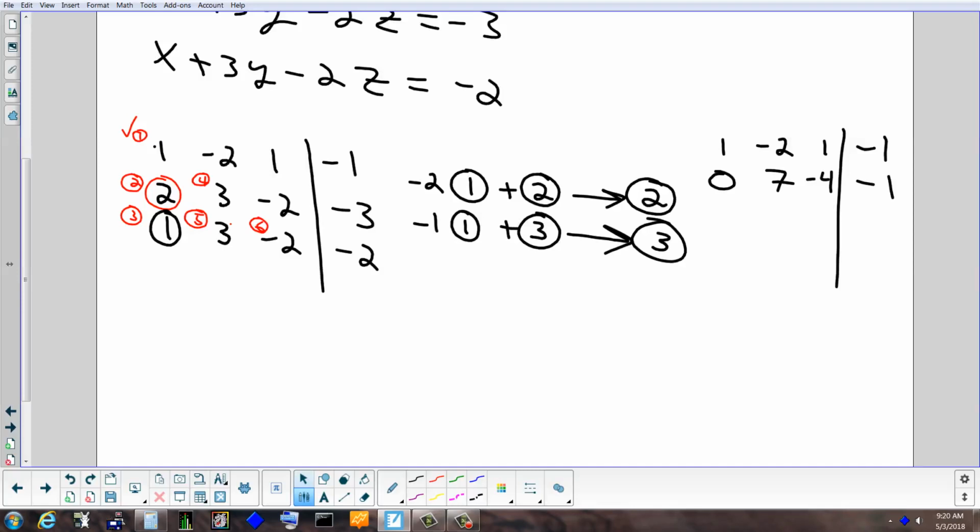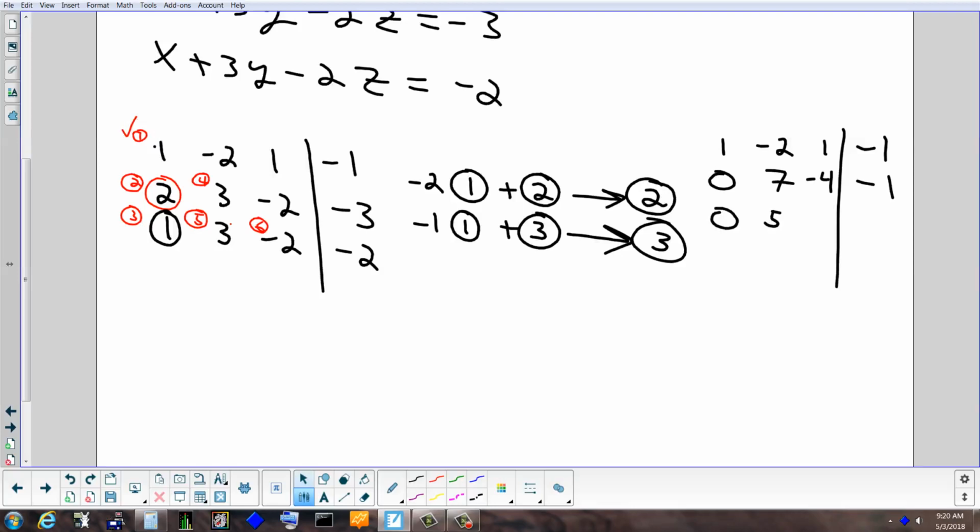All right, let's do the third row. -1 times the first added to the third. So 1 times -1? -1 plus 1? 0. -2 times -1? 2 plus 3 gives me 5.